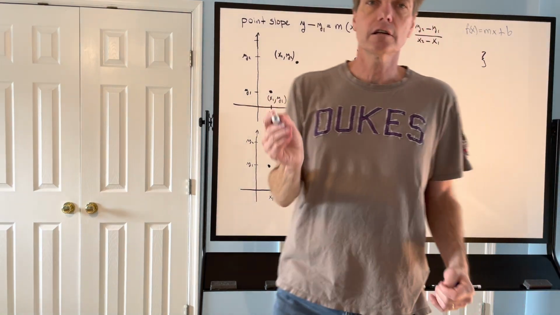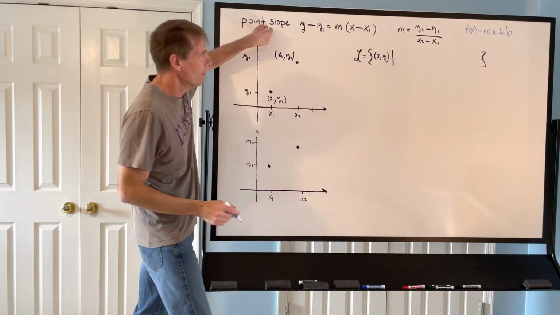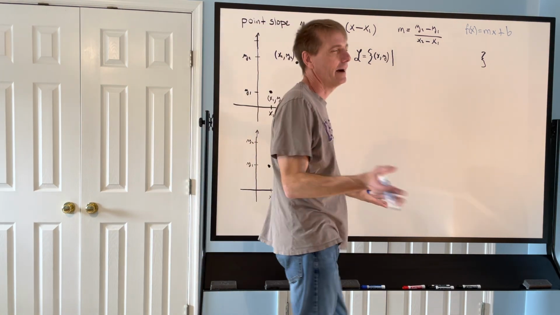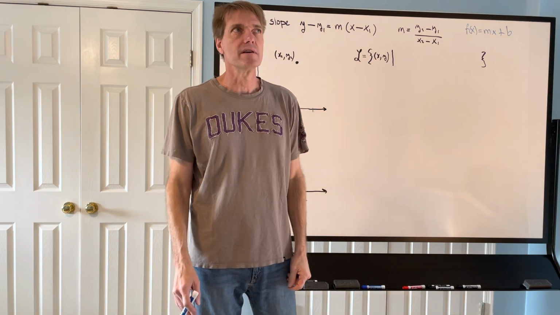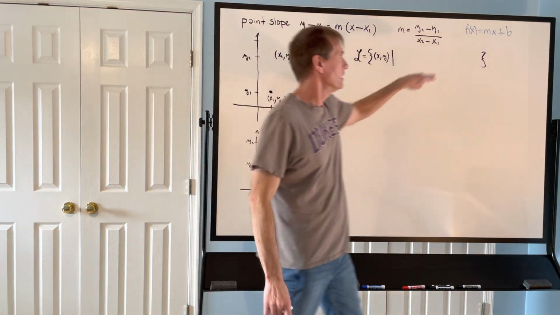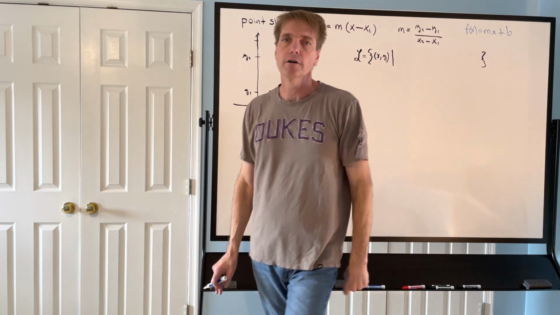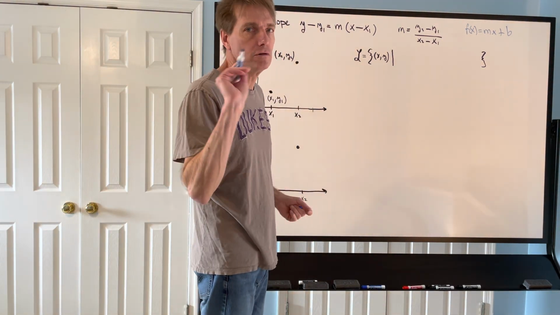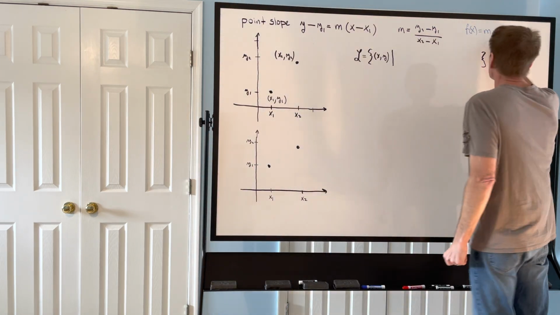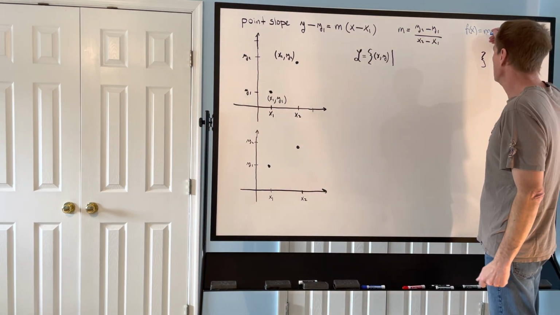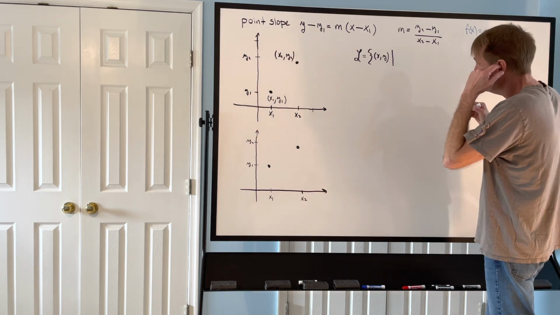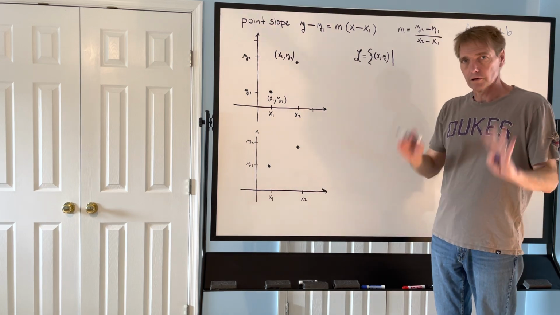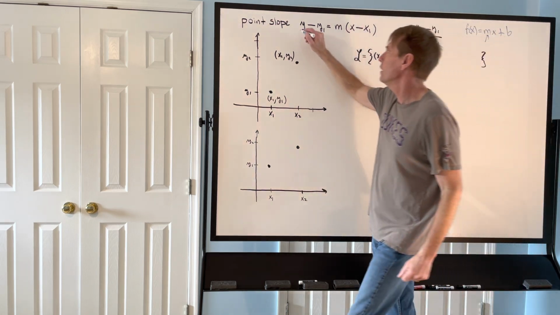Now for our case here, the point-slope formula is going to be better than our function version. They're the same thing. If you have a point and you know the slope, you can figure out your y-intercept. So if you know your slope and you have a point that's on the line, you can figure out your b.